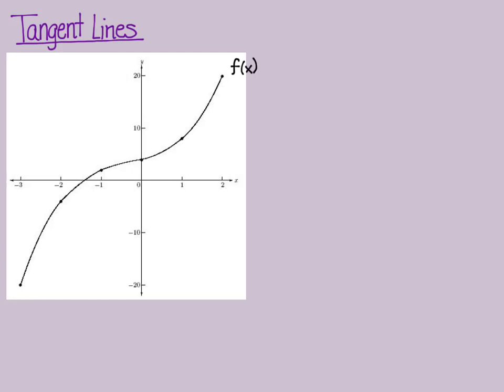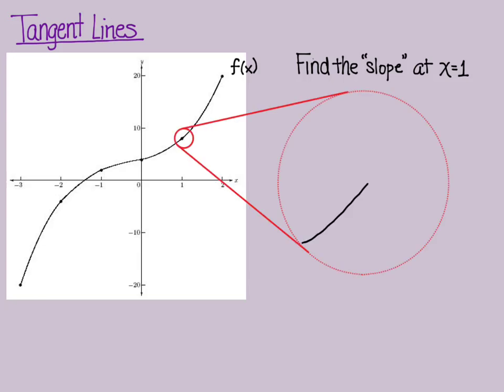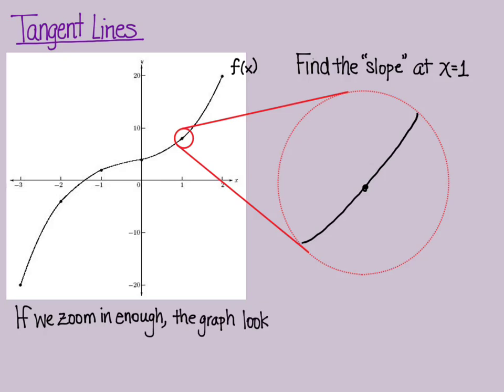Now let's define tangent lines. Consider the function f of x given below, and we want to find the slope of this curve at x equals 1. If we zoom in to the curve at x equals 1, notice that the curve almost looks like a straight line. Anytime we have a straight line, we know how to find the slope of it.